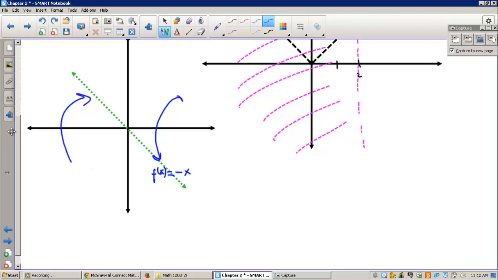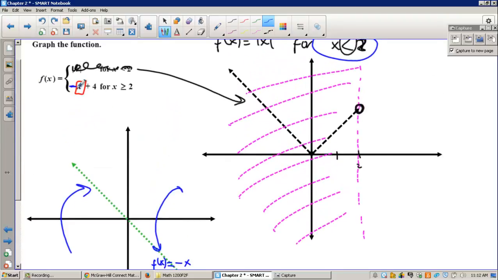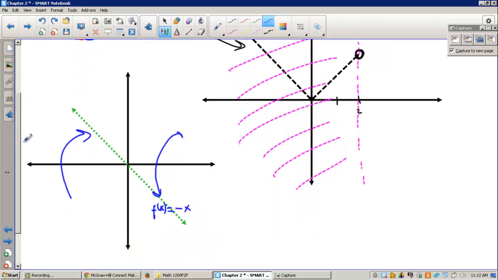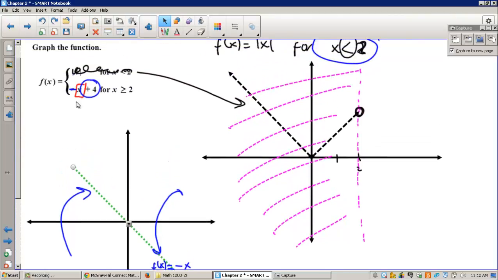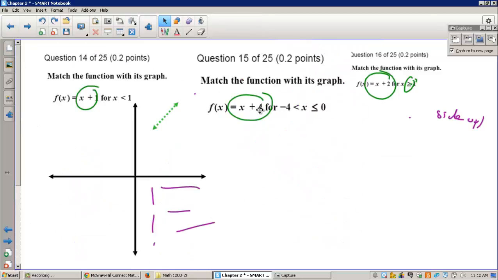But wait a minute, my picture is not just minus x. What does adding 4 to a function do? If you add 4 to it, it moves where? Left, right, up, down? Adding 4, up. Just like this one. You added 4, it went up. Here, it's the same deal.